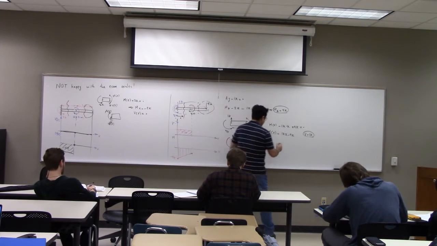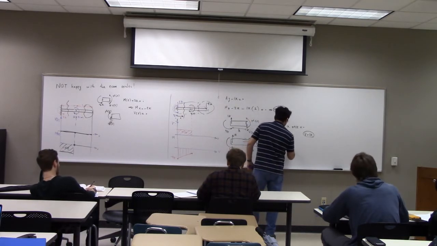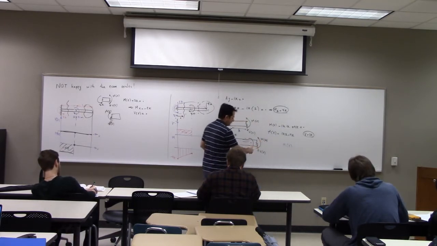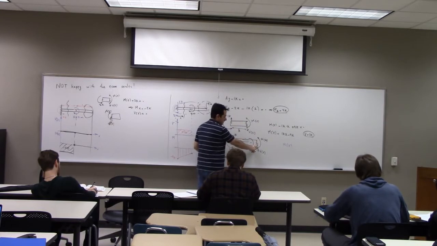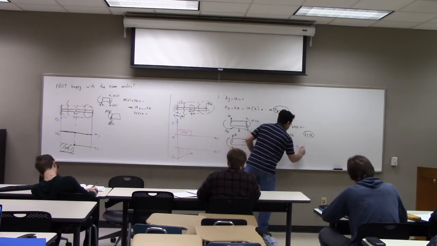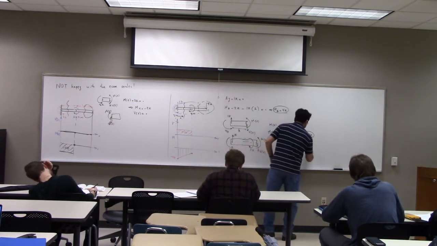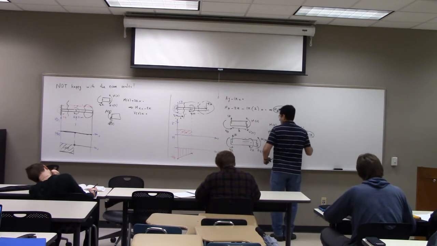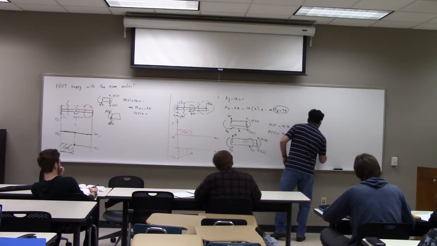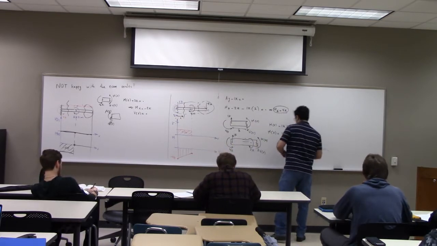I say summation of moment here is 0. So you get MX positive is 0, and then negative 2K, negative 1K times X, and plus 4K is equal to 0.